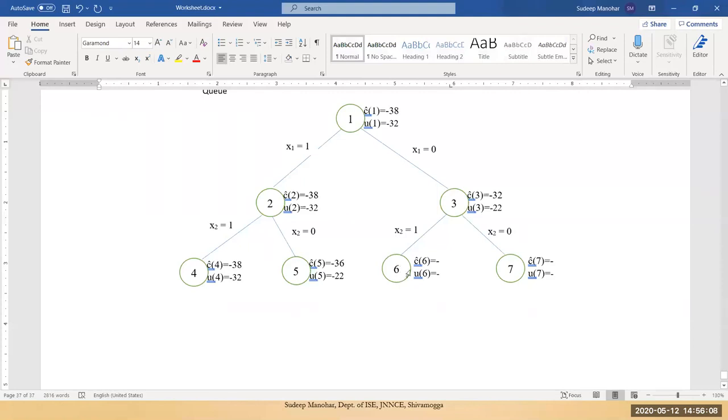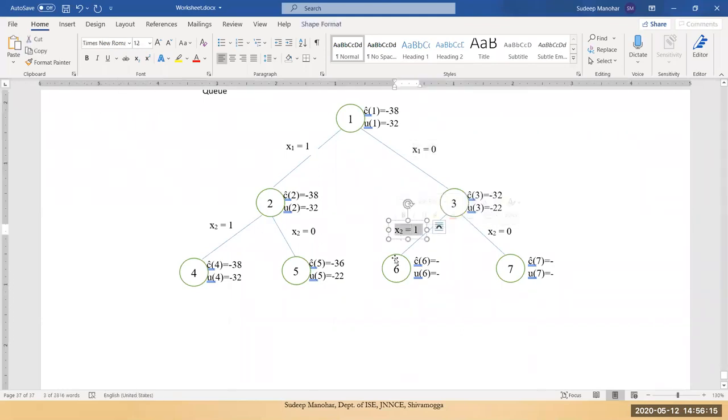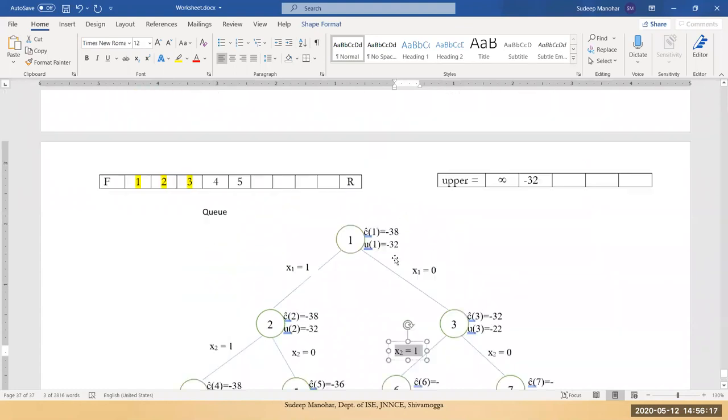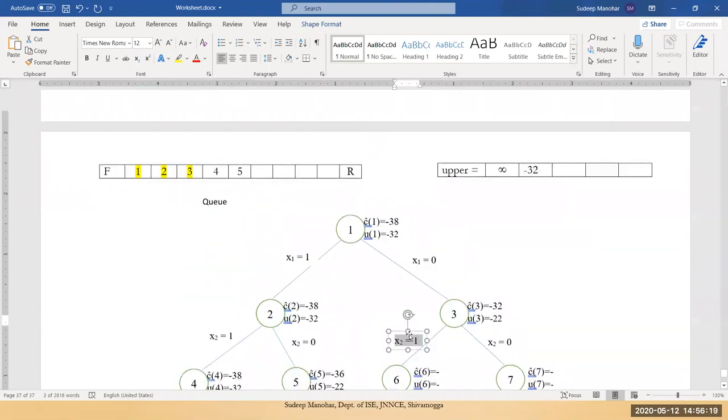Next, now node number 6, you have to calculate what it does. Item number 1 is 0, that means don't consider. Item number 2 you have to consider.